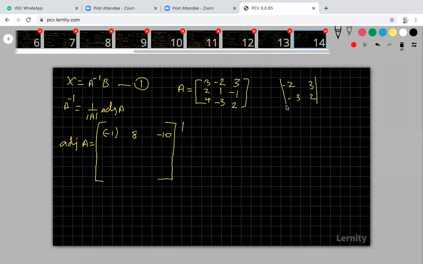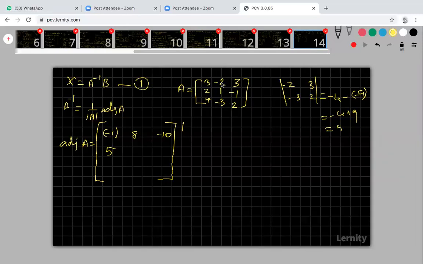Take the determinant, this is my minor. What is the answer? This is minus 4, and minus 3 into minus 3 is minus 9, so minus 4 plus 9. Therefore the answer is plus 5. Similarly, come to this element.